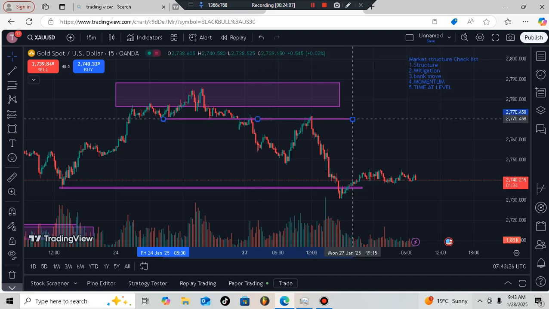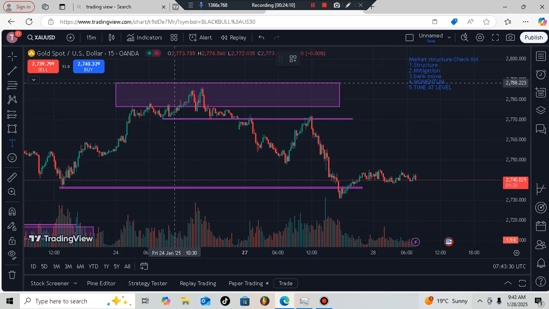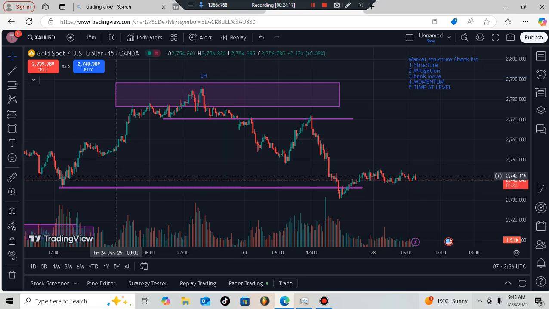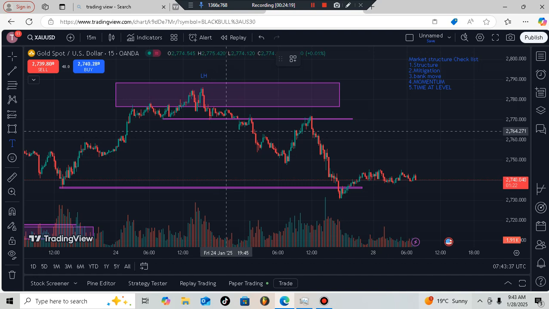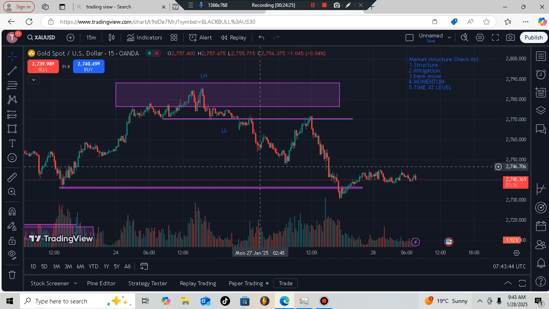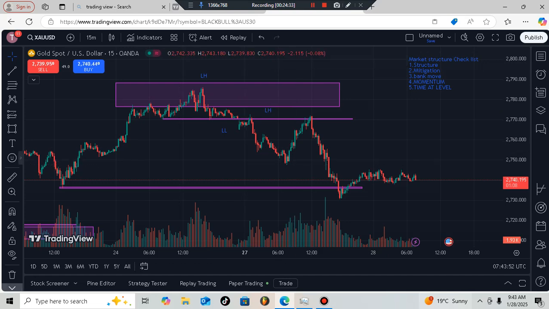So we've identified our key break-off structures, obviously that being our first lower high, then we have our lower low, then obviously we have our lower high, then we have our lower low, so forth and so forth.